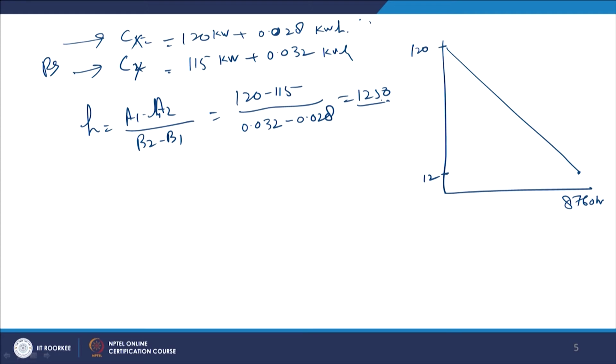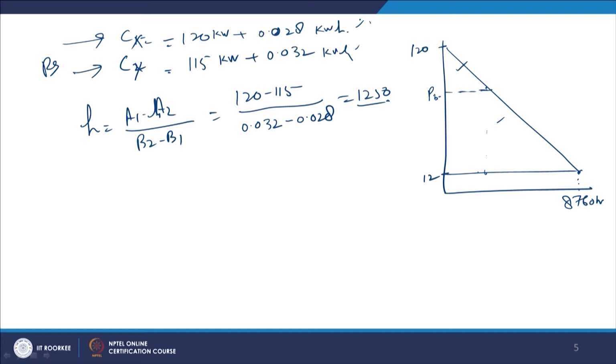So, for the duration of 1250 hours, we will draw here, it will come somewhere here. For 1250 hours, there is going to be a peak load plant and one is going to be the base load plant. Which one out of these two will be the base load plant? This is going to be the base load plant, this is going to be the peak load plant. After identifying this, we have to find P base.